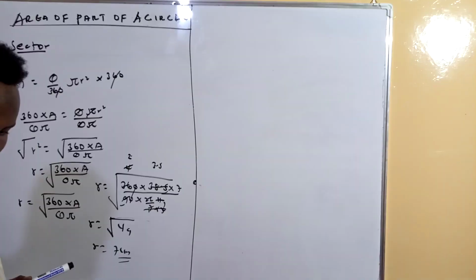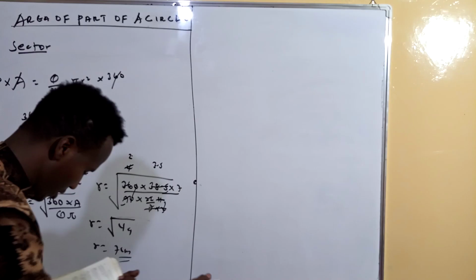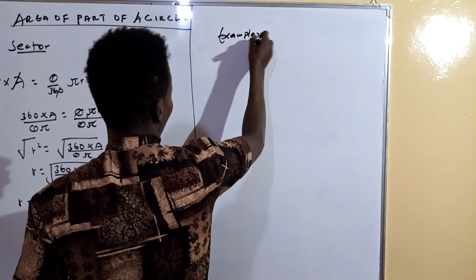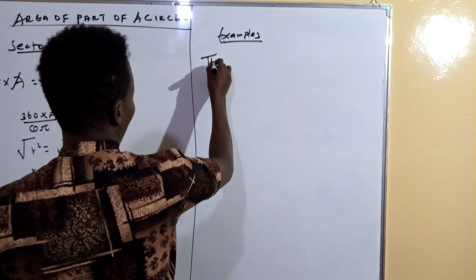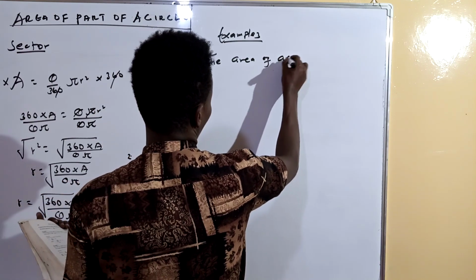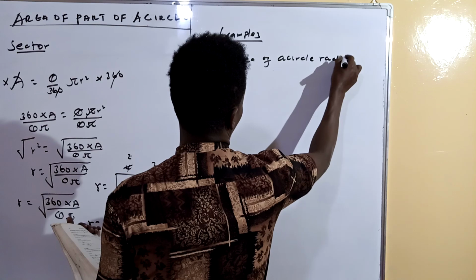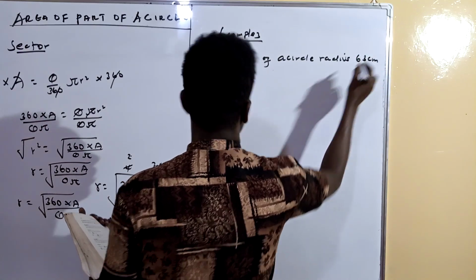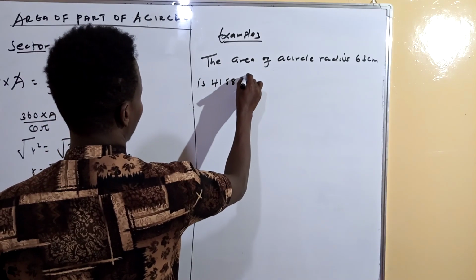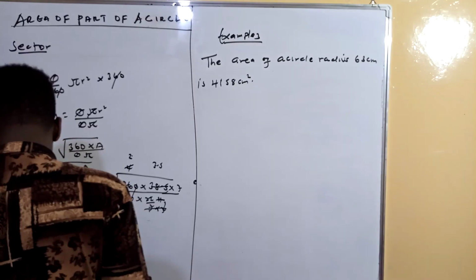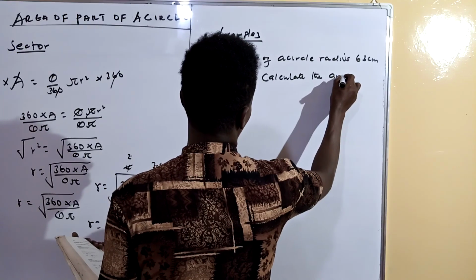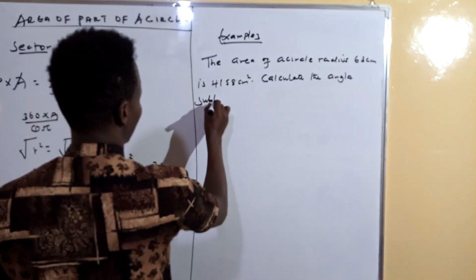So now let's see example 3. We are told the area of a circle of radius 63 centimeters is 41.58 centimeters squared.